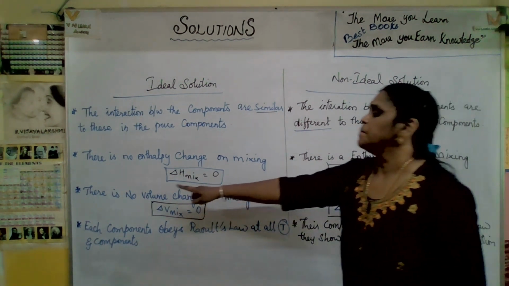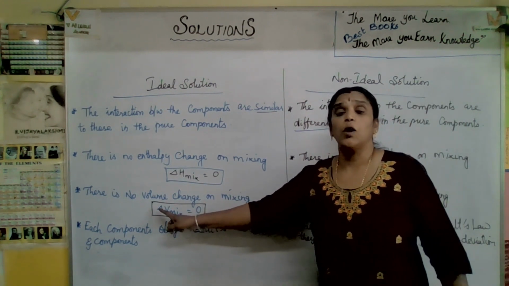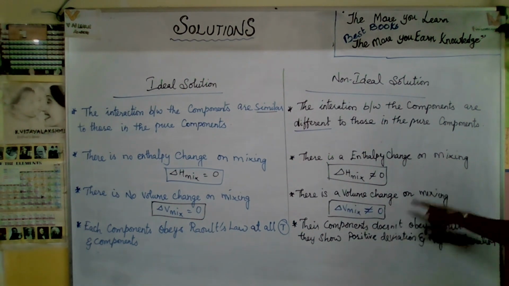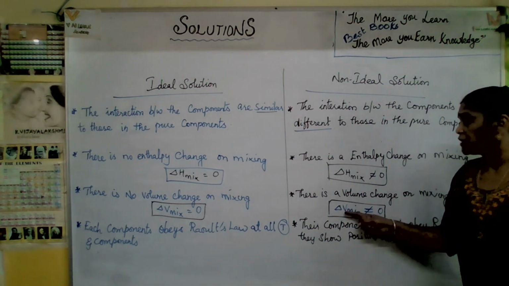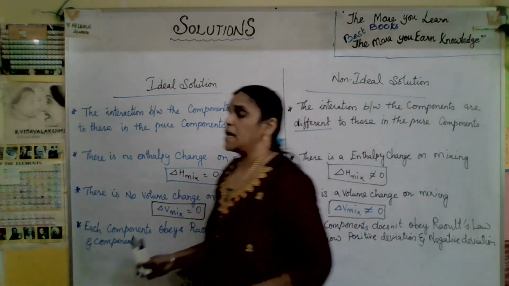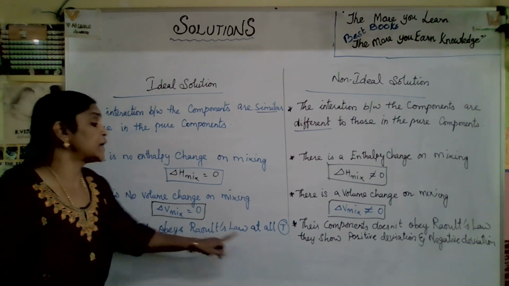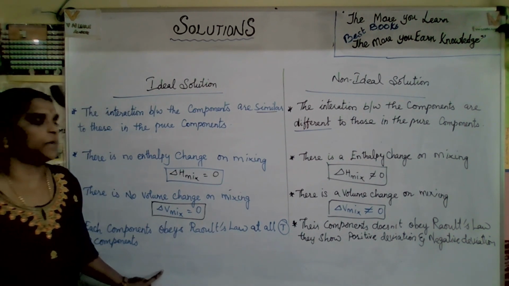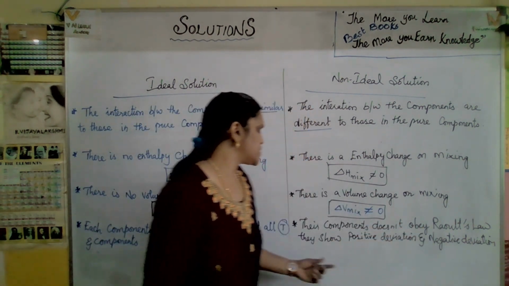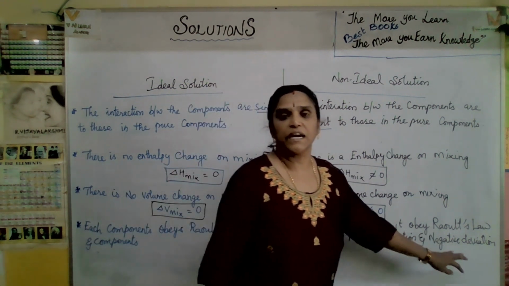In the same way, in an ideal solution there is no volume change on mixing, delta V mix is equal to 0, whereas in a non-ideal solution there is a volume change on mixing, that means delta V mix is not equal to 0. The last point: in an ideal solution each component obeys Raoult's law at all temperatures and concentrations, whereas in a non-ideal solution the components do not obey Raoult's law, so they can show positive deviation and negative deviation.